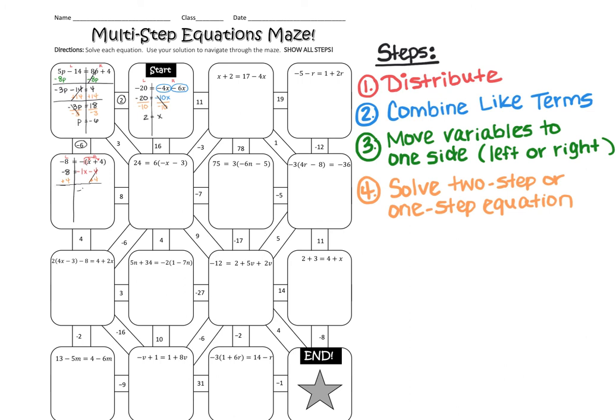You get negative 1x equals negative 4. And now we have a one-step equation. You solve it by dividing by negative 1. You get x equals 4, which means we'll move in this direction.